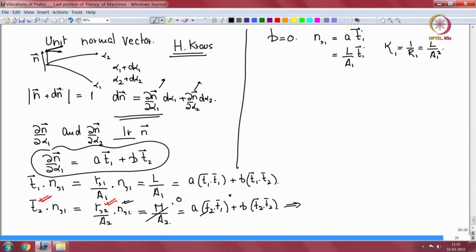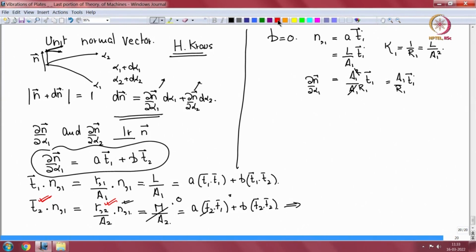Okay. And therefore what happens now? Here L will be equal to A1 square by R1. So I will have A1 square by A1 R1 T1. So del n by del alpha 1 is equal to, if I cancel this out, A1 by R1 T1.